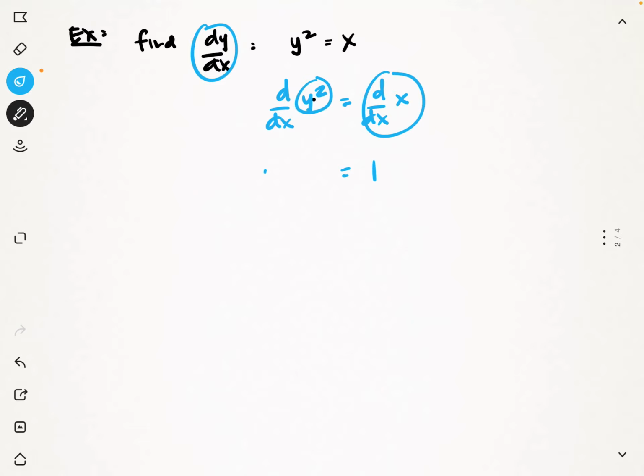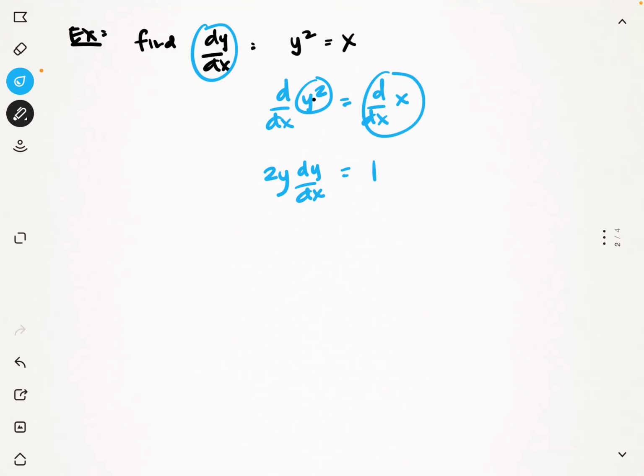So we're going to get 2y. And then we're going to say, well, we don't know what y is, so we can't just say it's going to be 2y. The variable is not an x, so what we're going to do here is say dy dx. So whatever our inside was, if we think of the chain rule, the dy dx will take care of anything that would be the inside function, if there is an inside function.